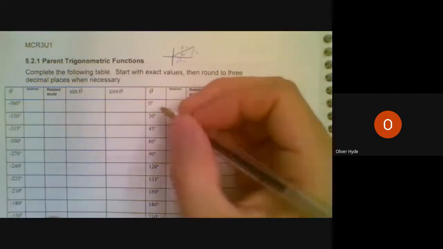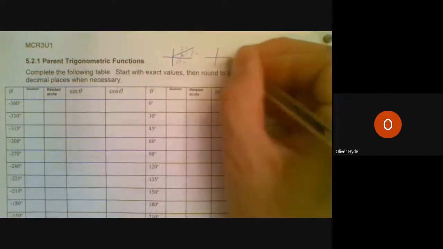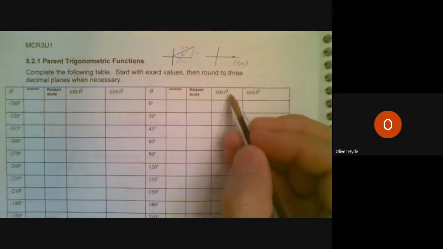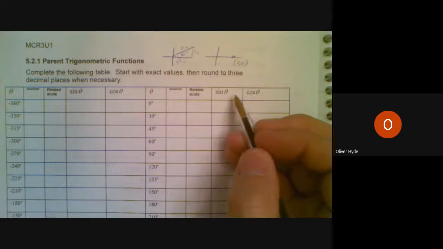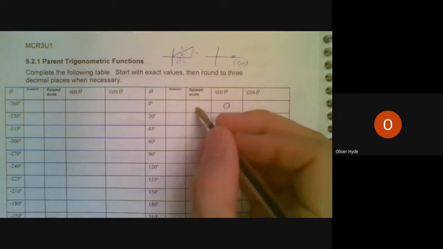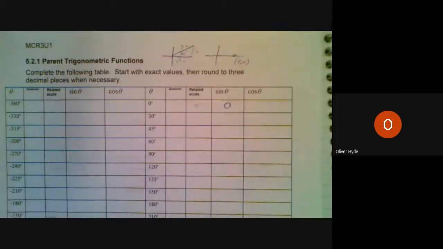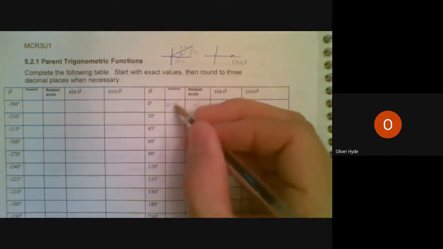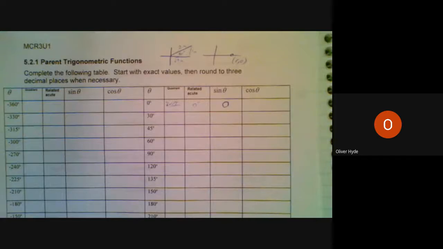Because if I have an angle of 0 degrees, then I could be passing through the point r comma 0, and the sine ratio of theta, which is the ratio of y to r, is going to be 0 there. I'm not really in a quadrant. I suppose my related acute angle is 0 degrees, but it's not really acute, is it? I suppose I'm on the border between quadrant 4 and 1, but I'm not in either one of those quadrants.